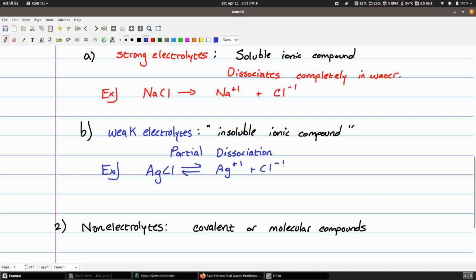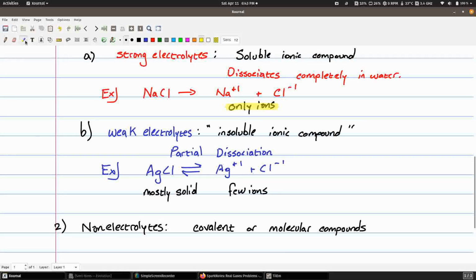Alright, so when you mix sodium chloride with water, you're going to have only ions. That's it. When you mix silver chloride with water, you're going to have mostly solid and few ions.